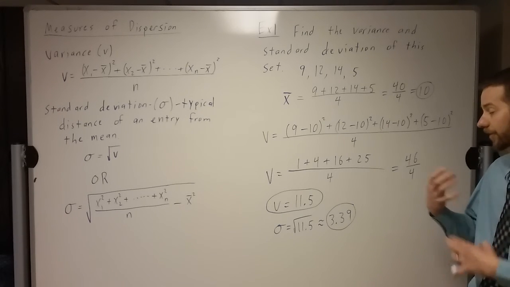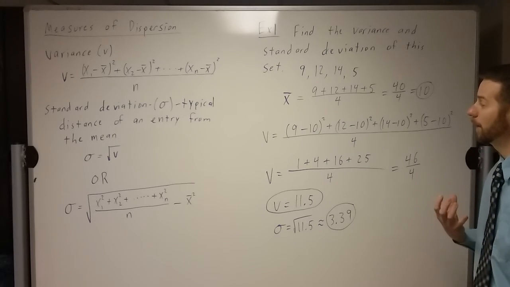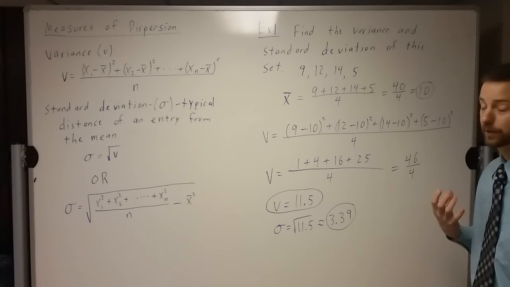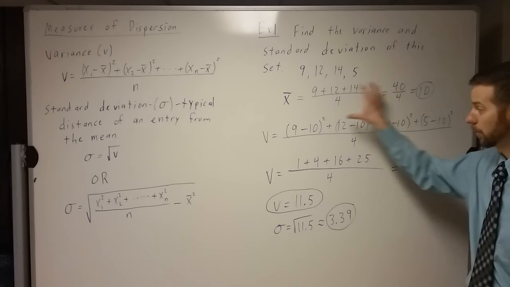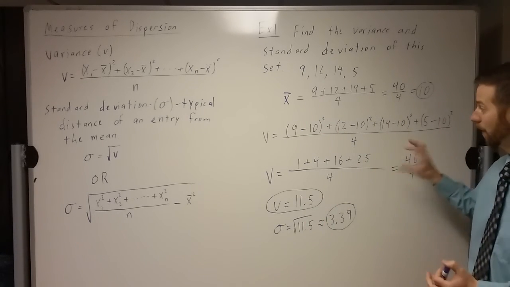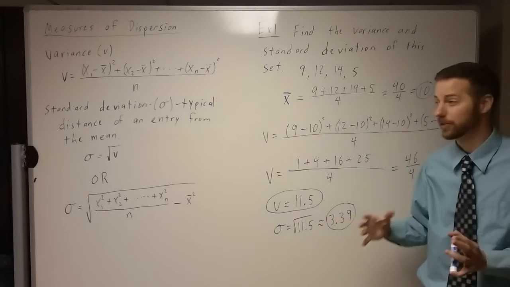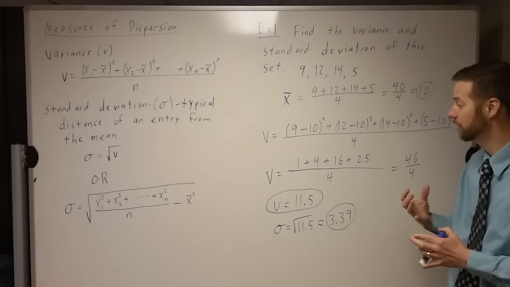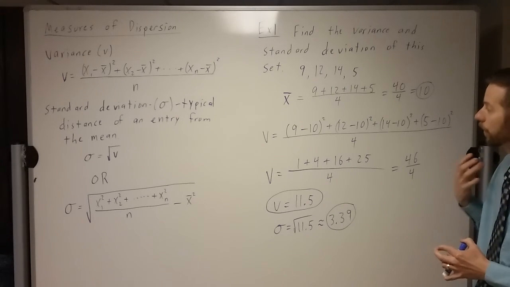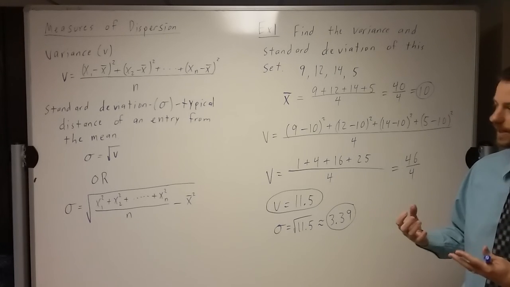Your graphing calculator actually has a program built in to do this. So I won't ever be asking you to do this with a really large set of numbers longhand like this, because really, why? I wanted to show you an example of it so you could see kind of what the calculator is doing and what is happening with standard deviation and variance. But with large sets of numbers, we're going to be using technology to come up with variance and standard deviation instead.